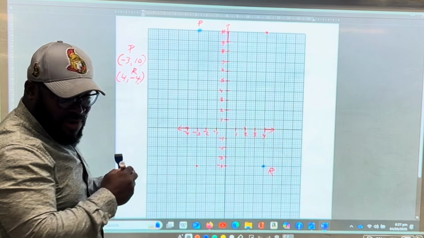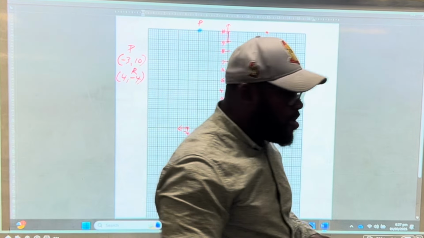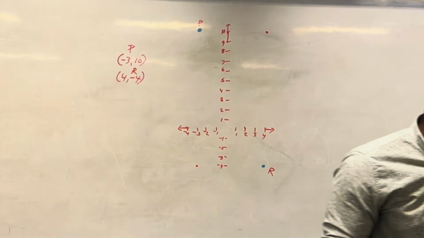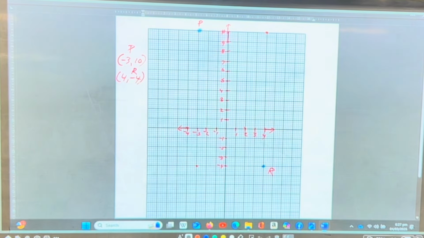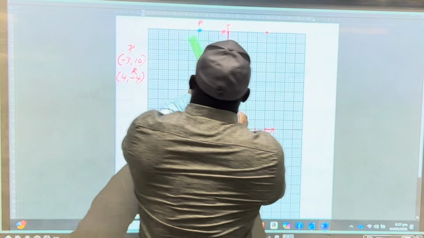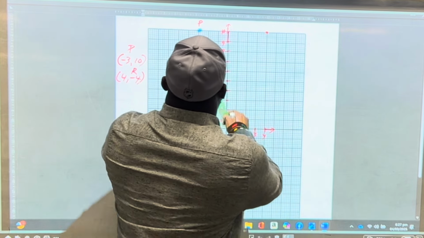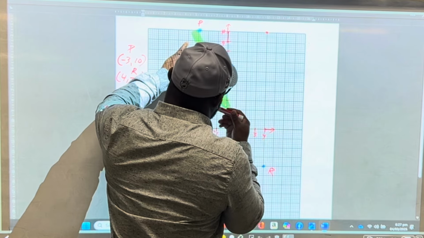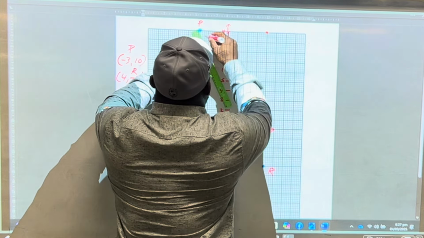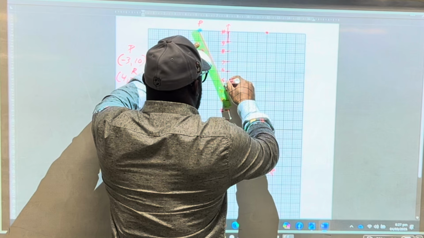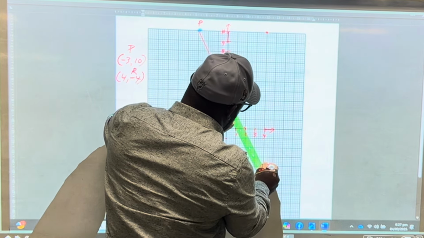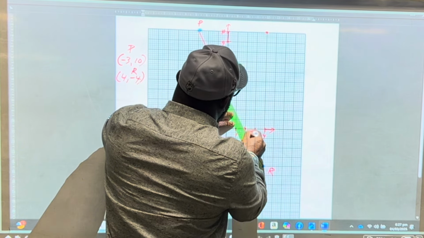Not a long ruler, I've got a ruler. Well, here we have it.